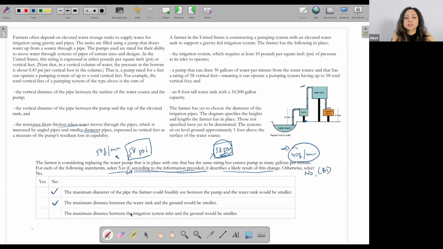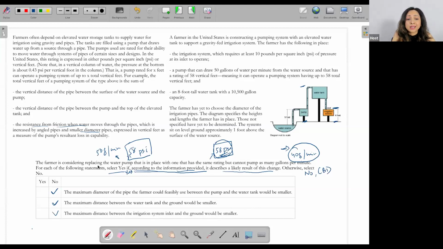And then the maximum distance between the irrigation system inlet and the ground would be smaller. So they're saying that this particular distance, which is 4 feet over here, from here till the ground, would be smaller. Yet again, this distance plays a role only when I'm discussing the rating of the pump, which has stayed the same. Since the new pump is going to have the same rating, there is no role to be played by this particular statement also.